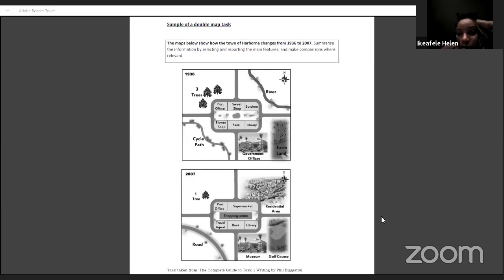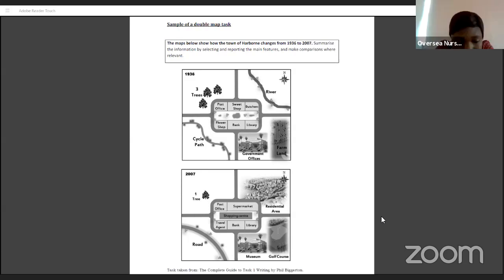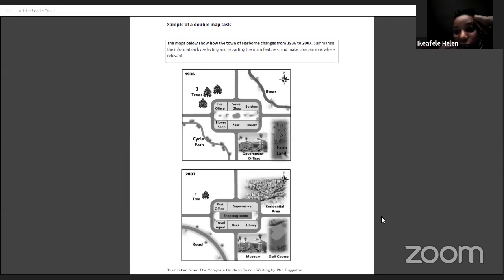Then in 1936, in this territory we have 3 trees. Then in 2007, how would I put it down? In 1936, in the northeast we have 3 trees, and in 2007 we have 1 tree there.